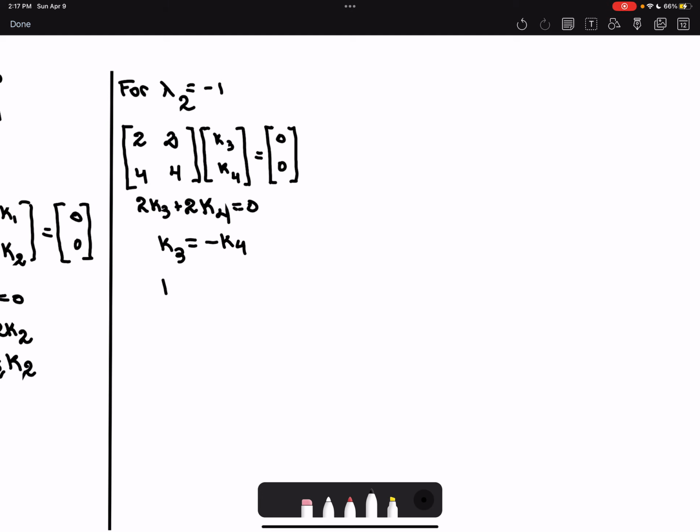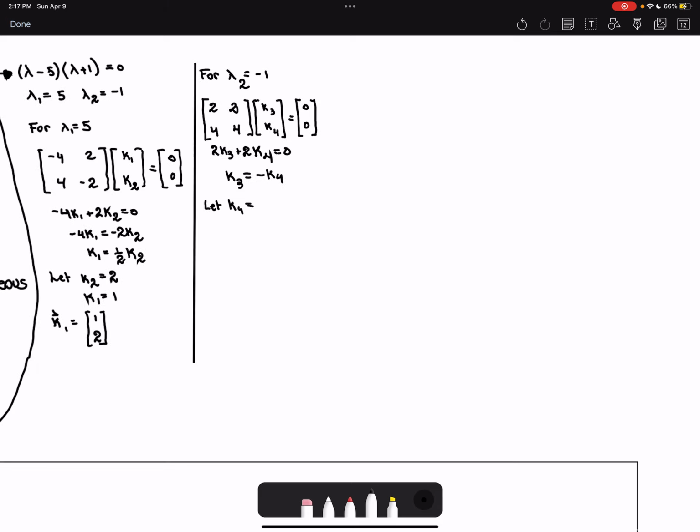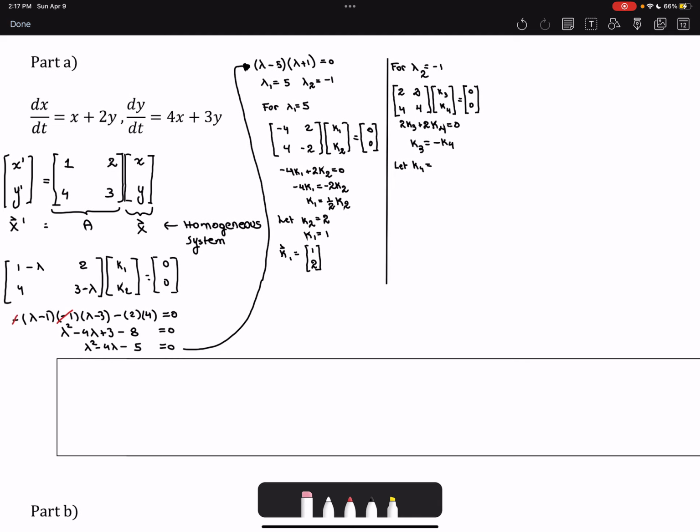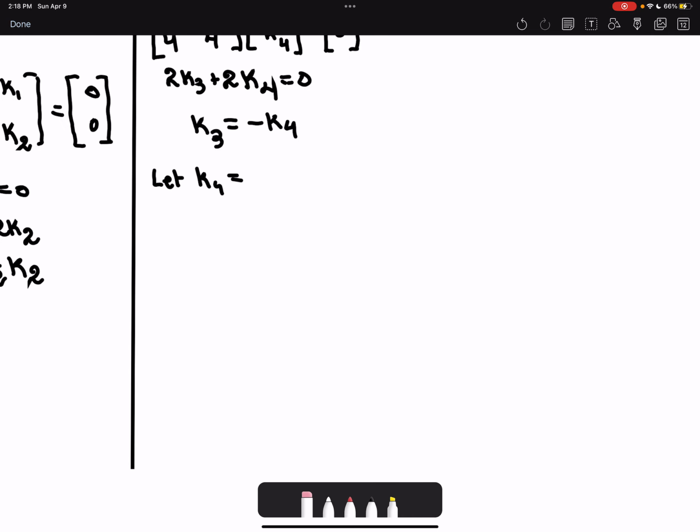Or let's say that k4 is equal to 1, then k3 is equal to negative 1. So we can say that our k2 vector is equal to negative 1, 1.